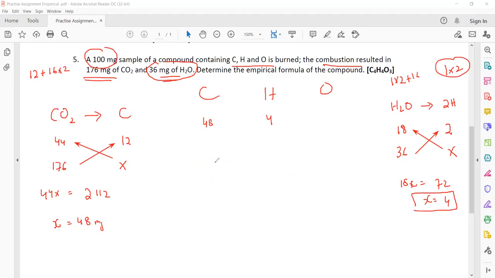Why did I write 2 here? Because we are using water, H2O. So in water, how many hydrogen atoms are there? When you check, water contains 2 hydrogen atoms.